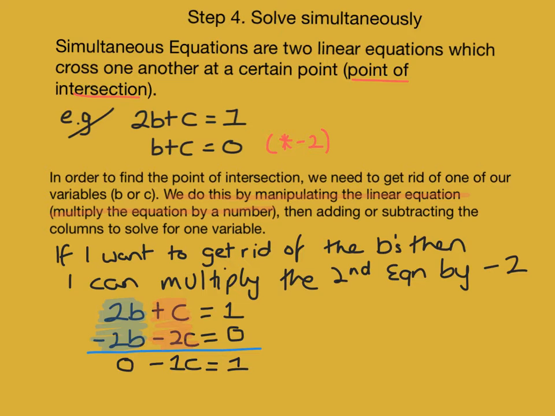Now, if minus 1C equals 1, then C is equal to minus 1. All I did there is divide both sides by minus 1. So I have a C value now. Any questions, ask me.